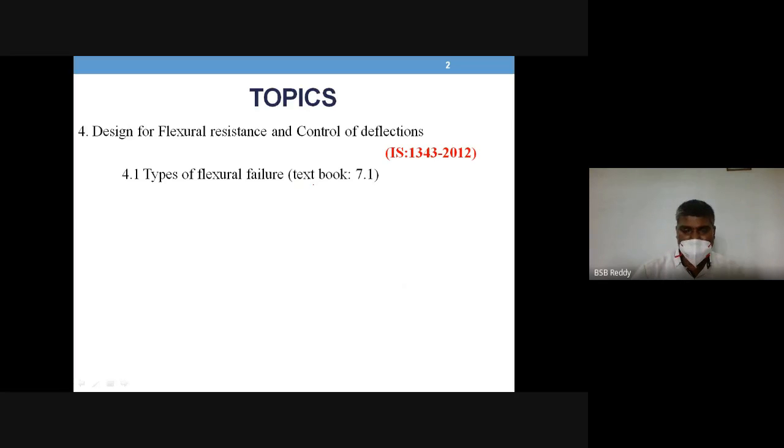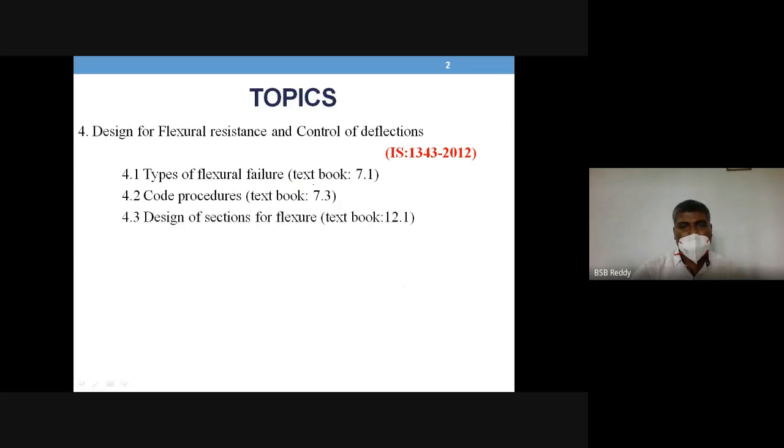Chapter 7.1 talks about this, and code procedures for flexural design are mentioned in chapter 7.3. We'll design sections for flexure, which is given in chapter 12.1 of your textbook.